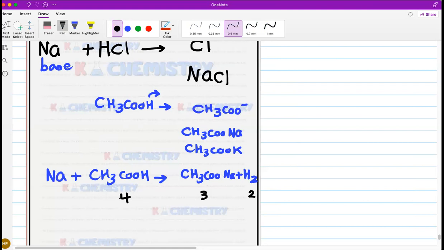The products are always even, so you have to multiply the odd by 2. So it will be 2CH3COONa. Again, it will be 2 carbons, and here already there are 1, 2, so it is 4, so we need to multiply this one again by 2. So it will be 1, 2 into 2 is 4.